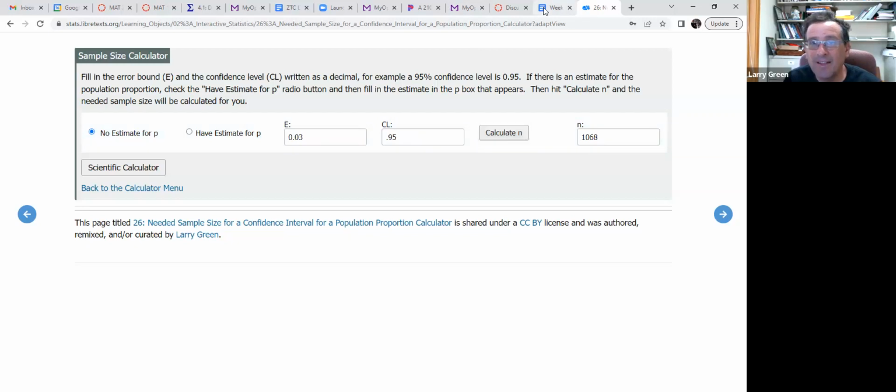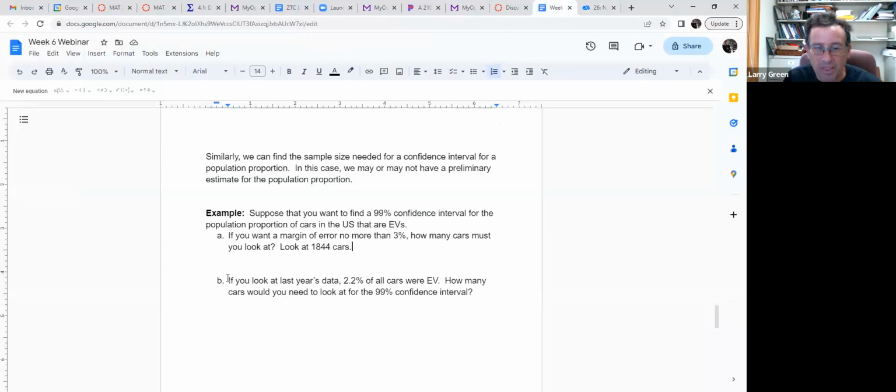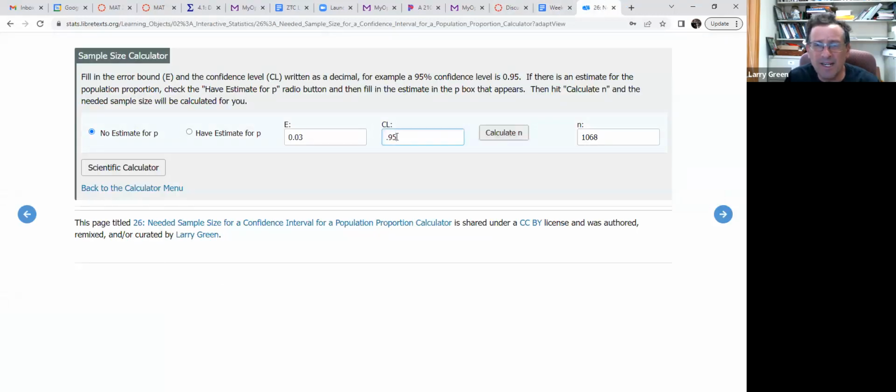All right, now let's answer the last question. Let's suppose you looked at last year's data and 2.2% of all cars were EV. How many cars would you need to look at for the 99% confidence interval? Okay, so we still need a 99%.